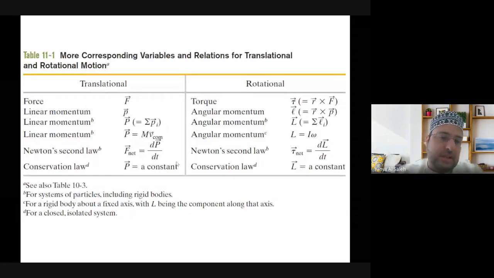Newton's second law, F equals dp by dt, F equals ma. Newton's second law for a rotational body, net torque equals dL by dt, or r cross F, or I alpha. Conservation: if there are no external forces, momentum is a constant. If there are no external torques, angular momentum is a constant. A useful summary of everything we have done in the last 2-3 lectures.